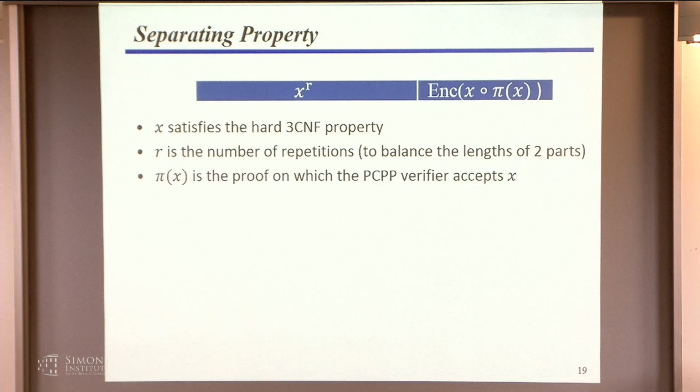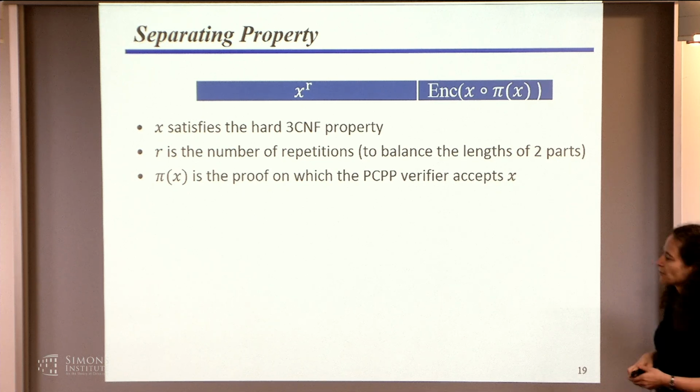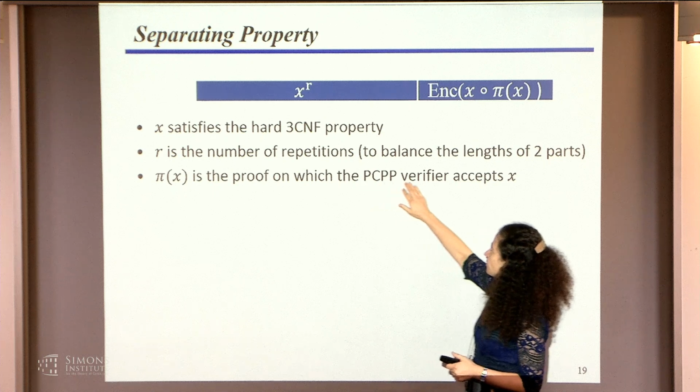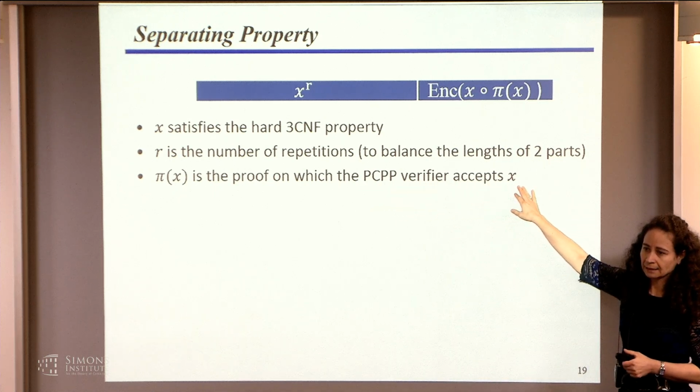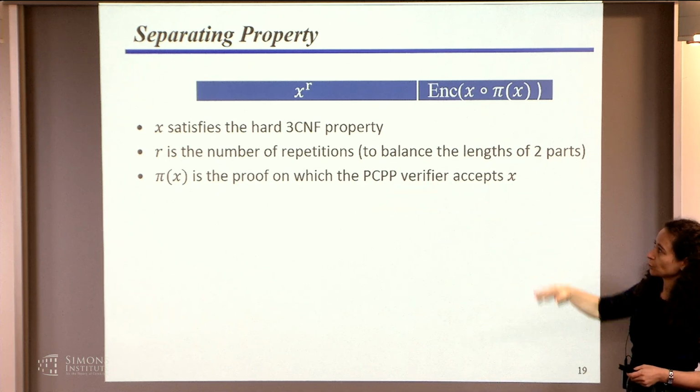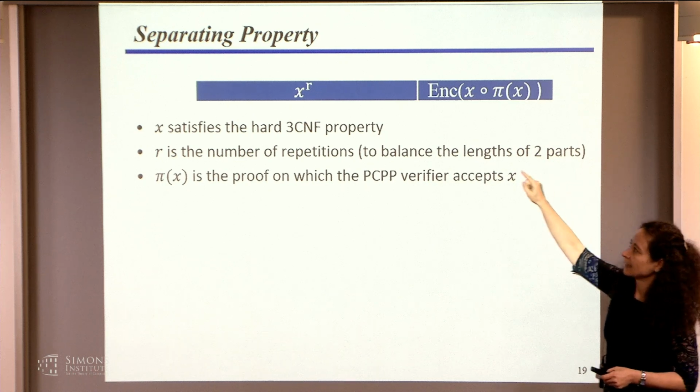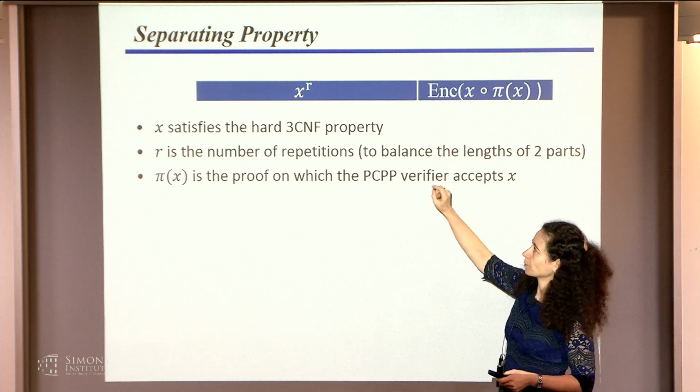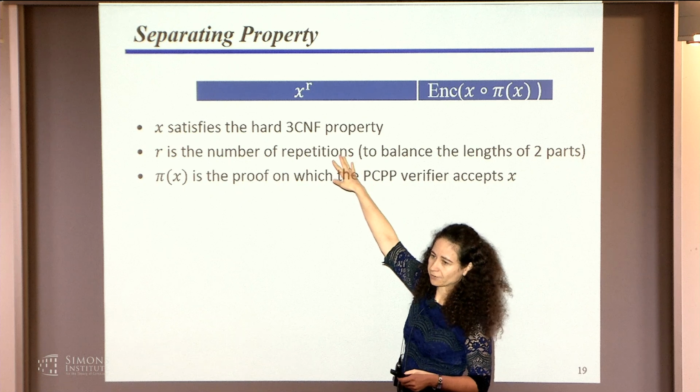The second part is just the encoding of the string x and the proof. So pi of x is the proof on which the PCP verifier accepts x. In order for the string to be in the separating property, x has to be in the 3CNF property.